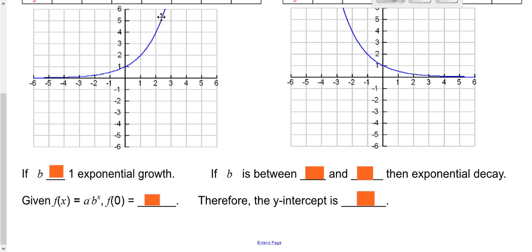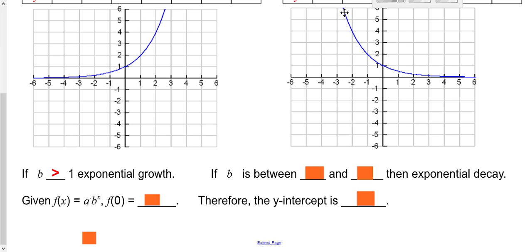The one on the left here is referred to as an exponential growth because as you go to the right, it goes up. Exponential growth, the b value always has to be larger than 1. So y equals, or f of x equals a times b to the x. If this b value, the thing that the x is on, is greater than 1, it'll be an exponential growth.